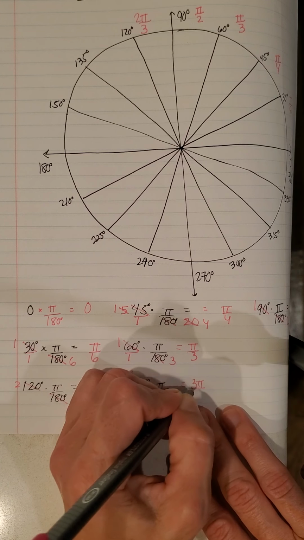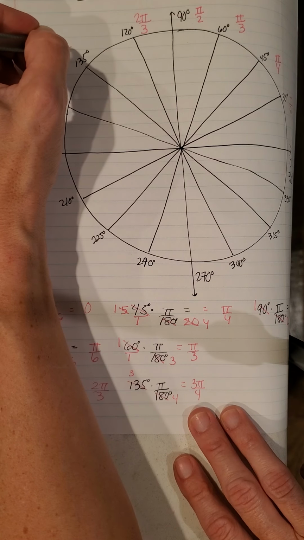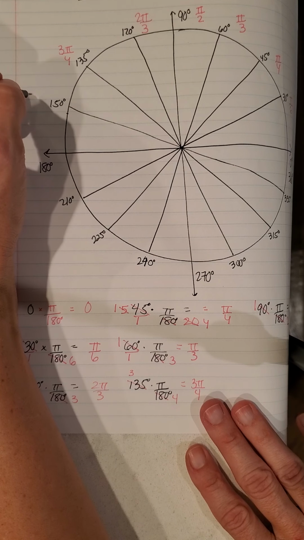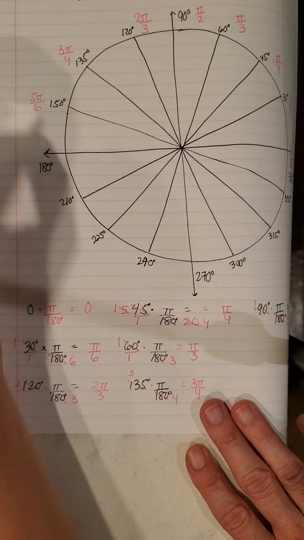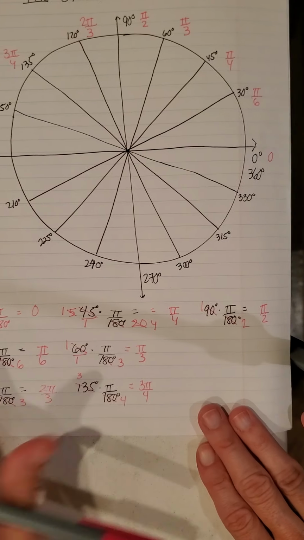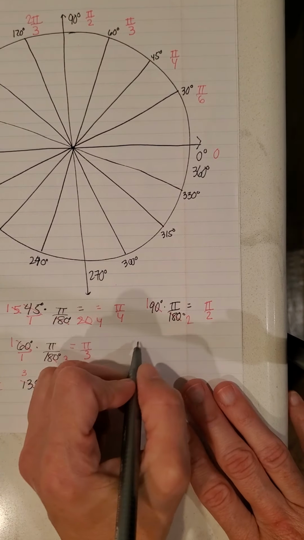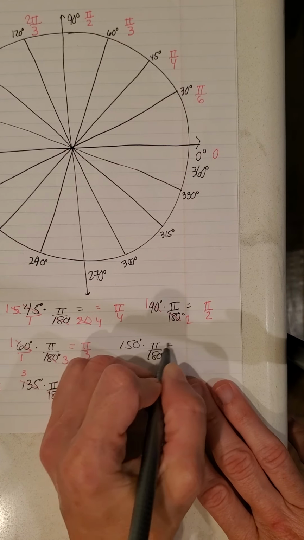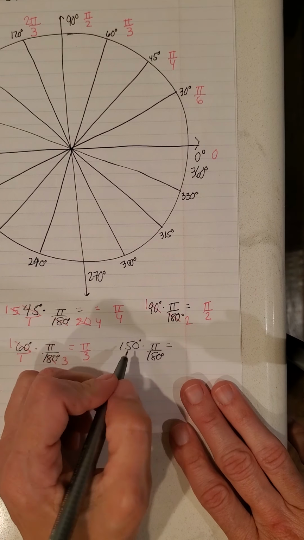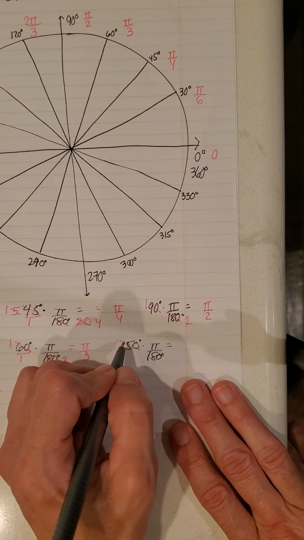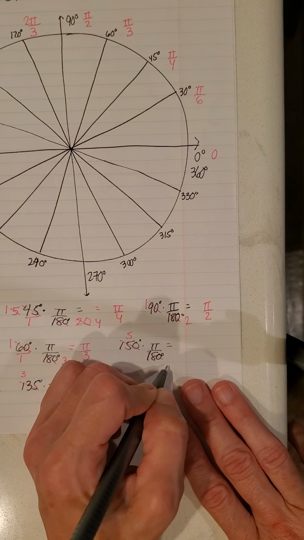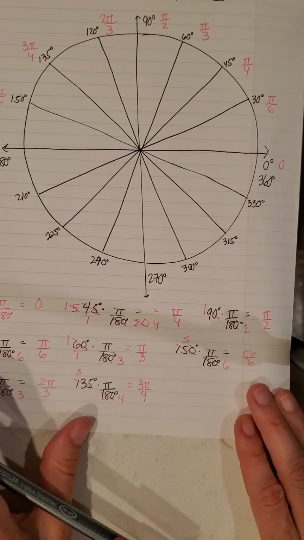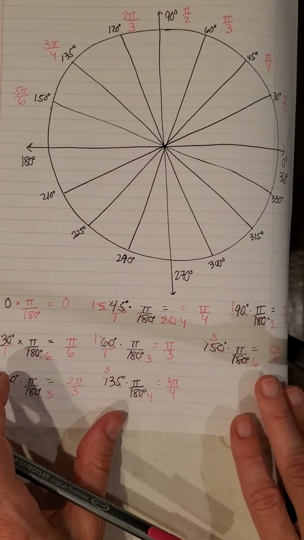So I get 3 pi over 4. 150 is 5 times 30, so it's going to be 5 times pi over 6, or 5 pi over 6. The proof of that is here: 150 times pi over 180. I can reduce. 30 goes into 150 5 times, and it goes into 180 6 times, and so I get 5 pi over 6. And that's what I labeled at the top.